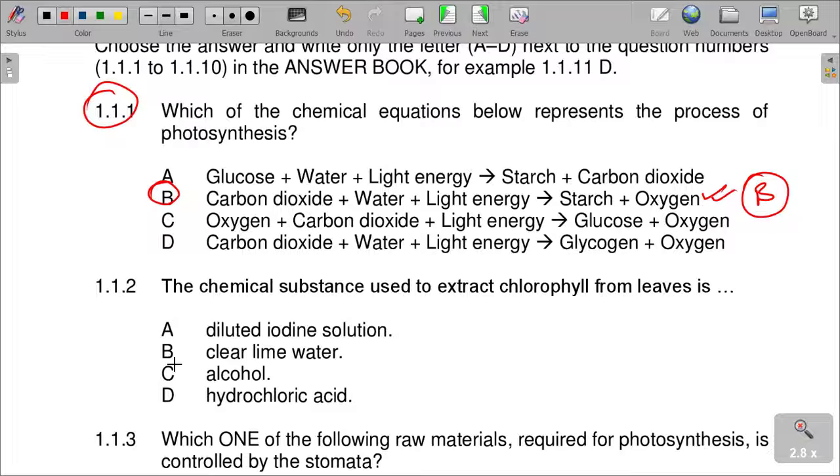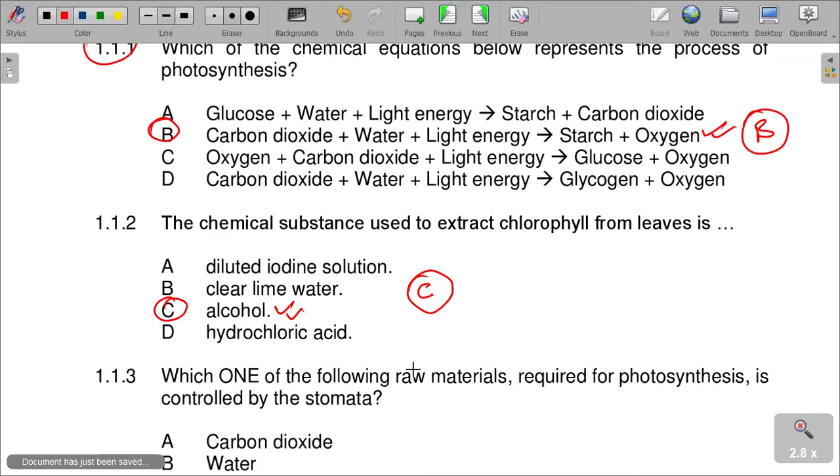It is alcohol, which is letter C. C is the right answer. Alcohol is used to extract chlorophyll. I'm sure, if you remember, this was when we were testing a leaf to see if chlorophyll is necessary for photosynthesis.